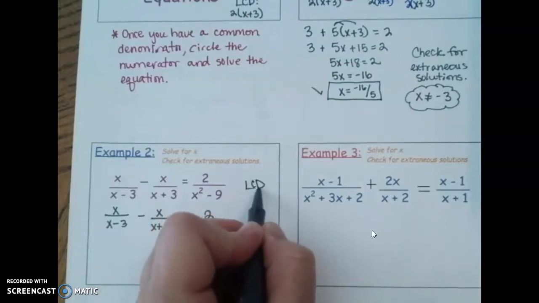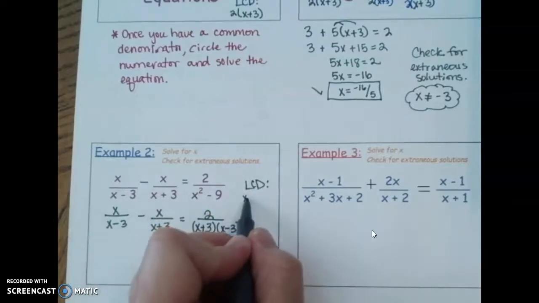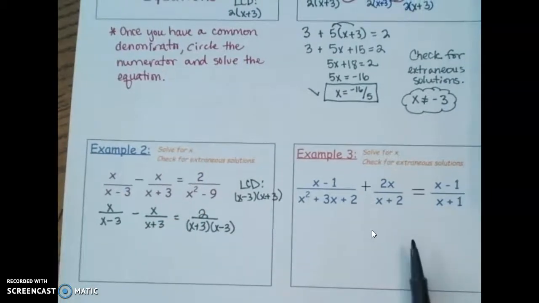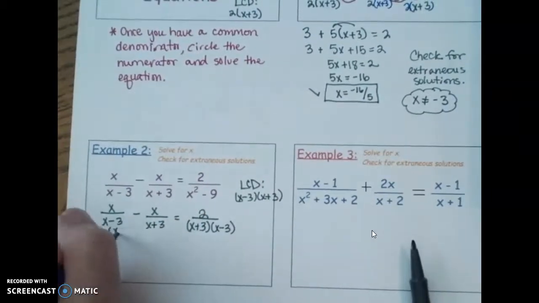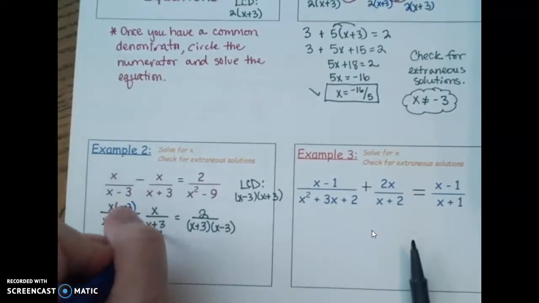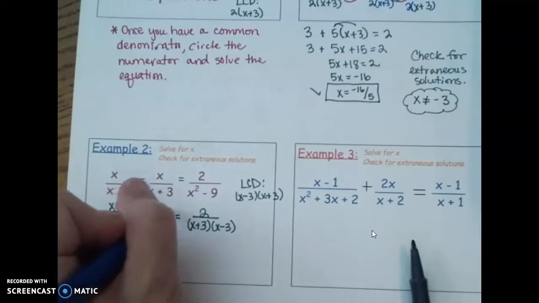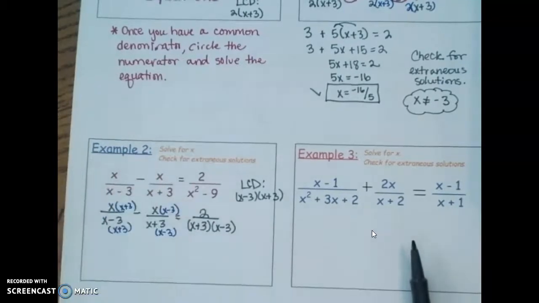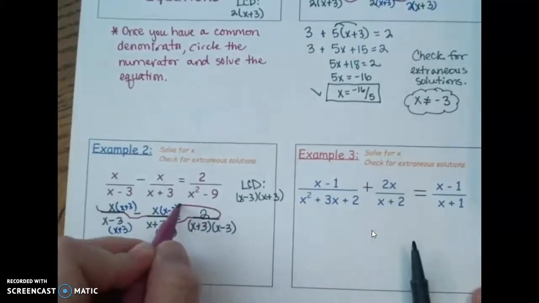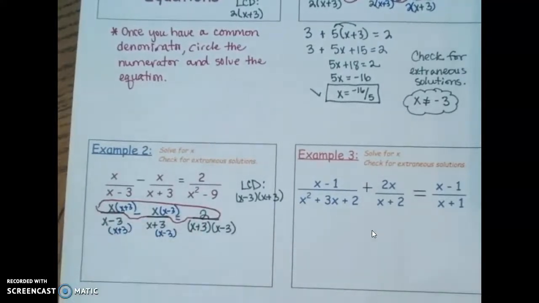So our least common denominator in this case would be x minus 3 and x plus 3. So here I need an x plus 3. Here I need an x minus 3. And then I have a common denominator, so I'm ready to circle the numerator and solve that equation.